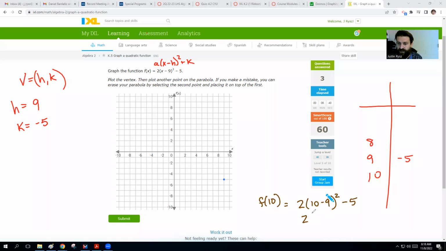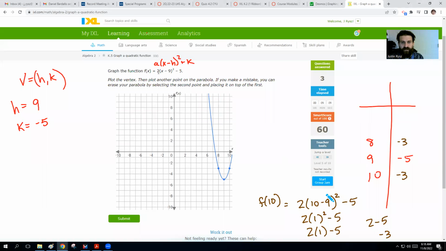Just take your time. 10 minus 9 is 1. 1 squared is 1. 2 times 1 is 2. 2 minus 5 is negative 3. Because of the axis of symmetry, it's got to be the same on both sides. That means 10 is going to be at negative 3, or 8 is going to be at negative 3.